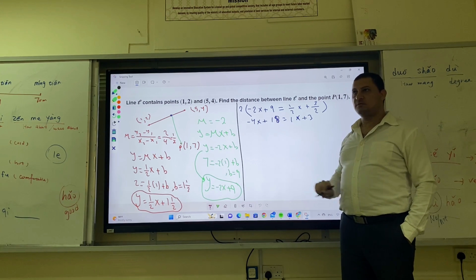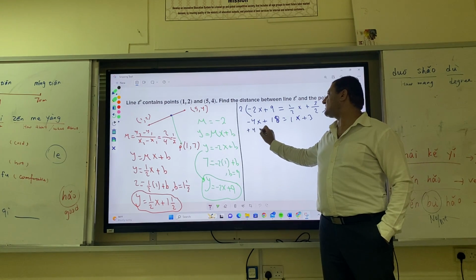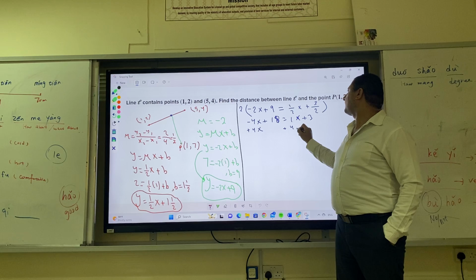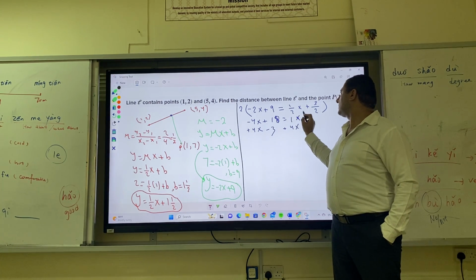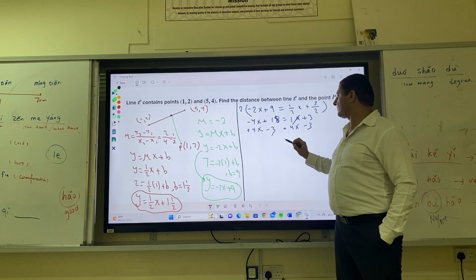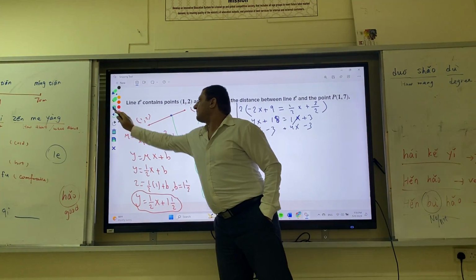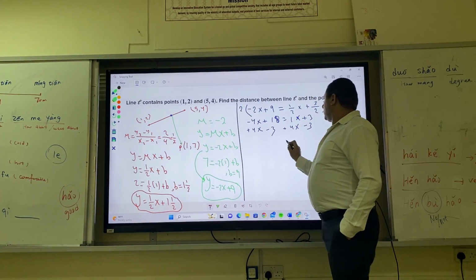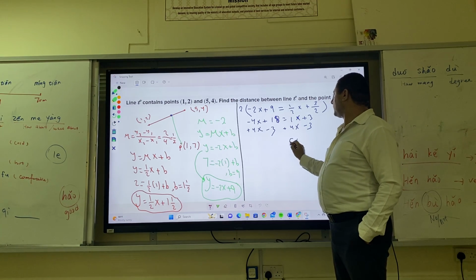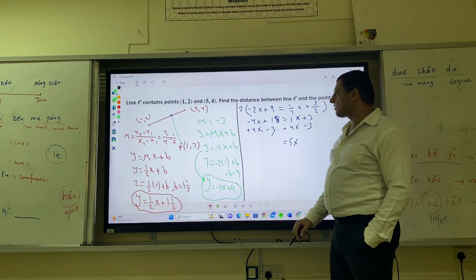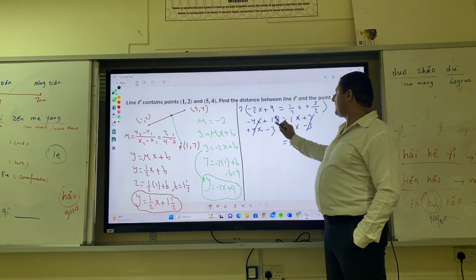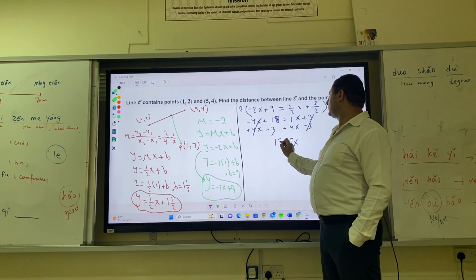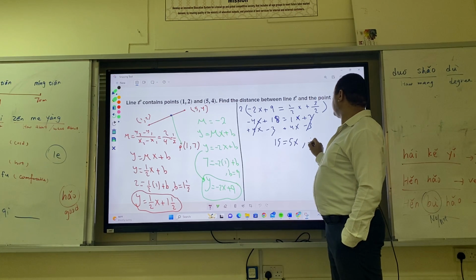Solve it by adding 4x to both sides and subtracting 3 from both sides. Then 5x equals 15, and x equals 3.